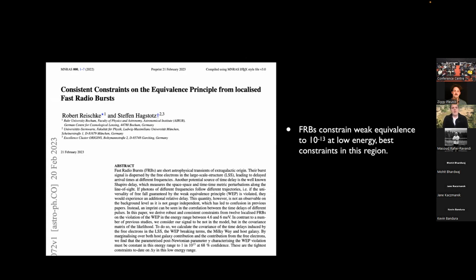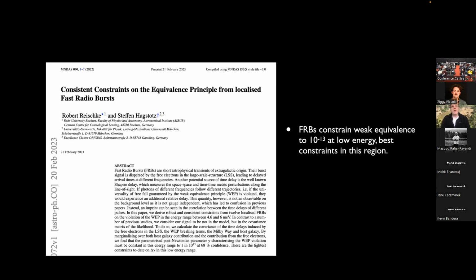So people have been talking about this for a while, but a nice paper came out a month or two ago doing this, and they get a nice limit. They say it's very hard to do right, and there have been a lot of wrong papers, so be warned.